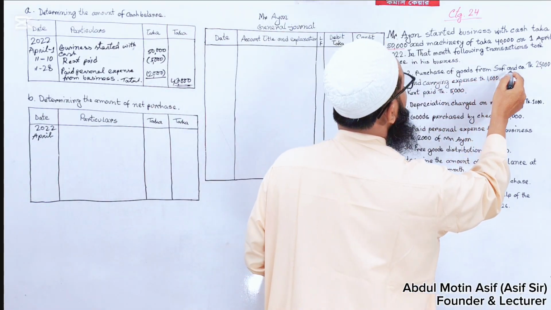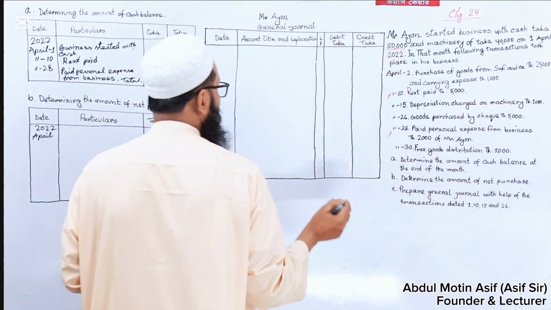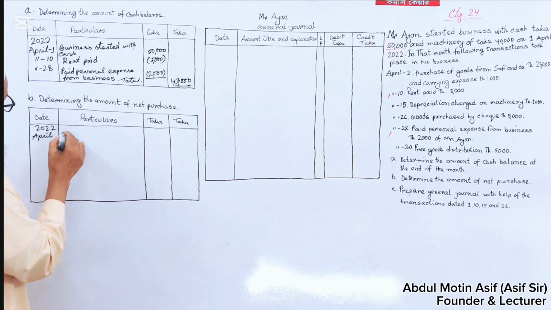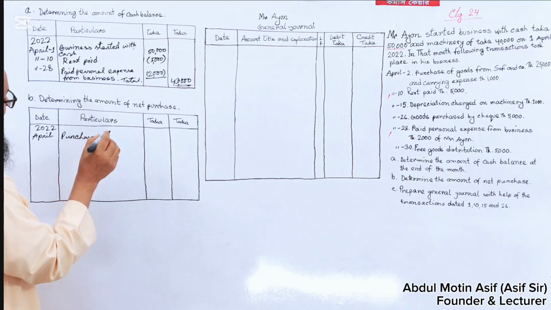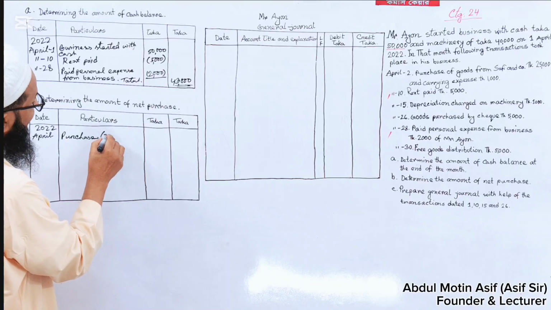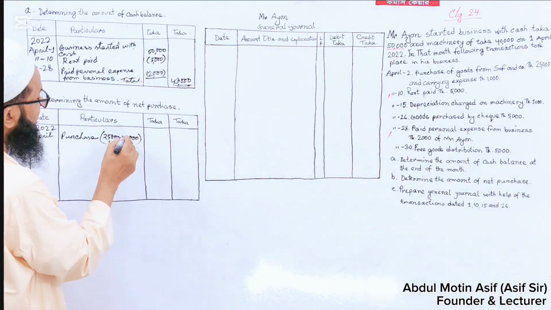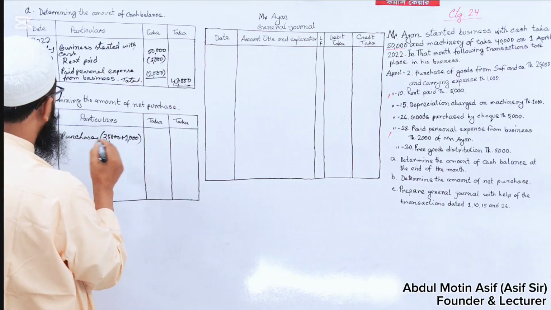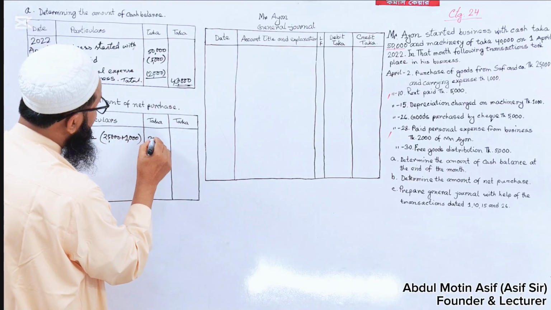Purchase of goods from Safi and Co 25,000 taka and carrying expense 1,000 taka. We write purchase 25,000 taka plus 1,000 taka. Carriage expense will be included with the purchase amount. 25,000 and 1,000, 26,000.